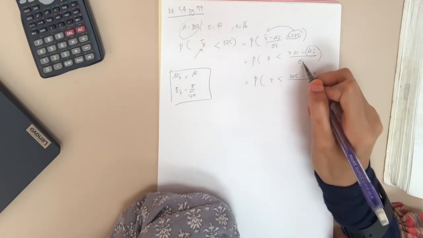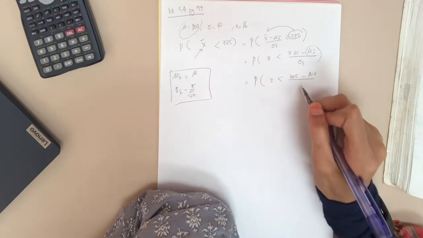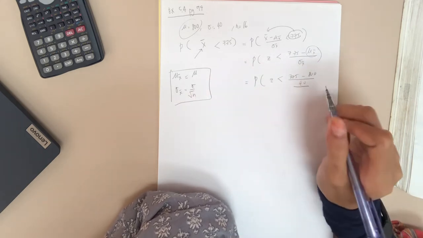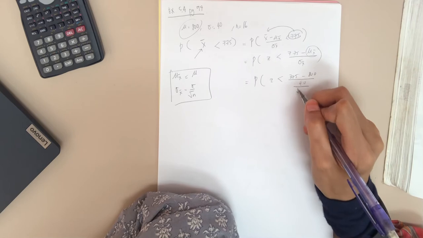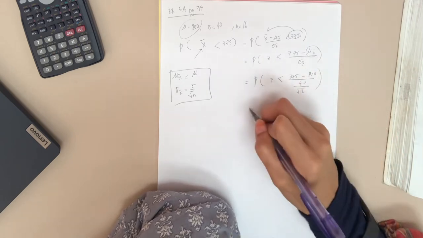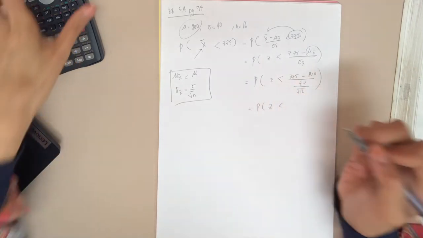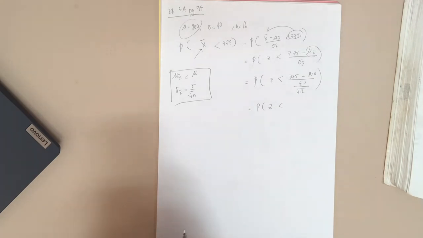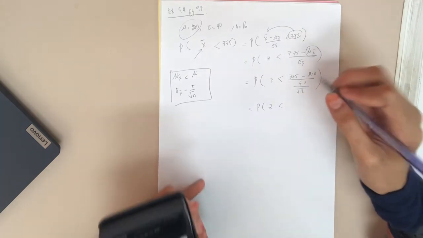And what is your sigma X bar here? Sigma here is 40, then divided by the square root of 16. So 40 divided by 4, which is 10. 775 minus 800 is negative 25, over 10, so negative 2.5.